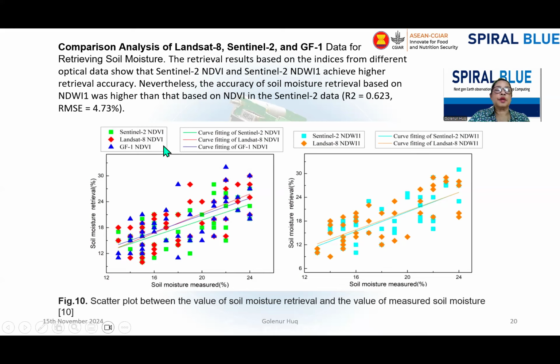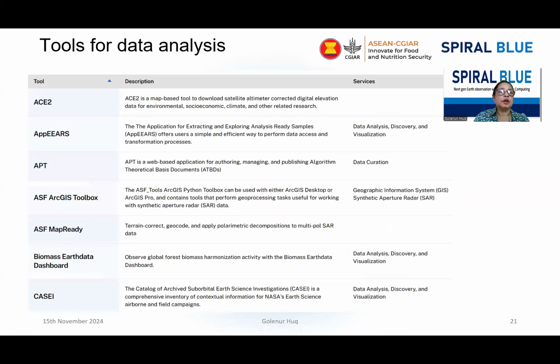Okay, so here we can see indices from different optical data show that Sentinel-2 NDVI and Sentinel-2 NDWI achieve higher retrieval accuracy. There are many tools available, so I put here different tools you can find to analyze data.